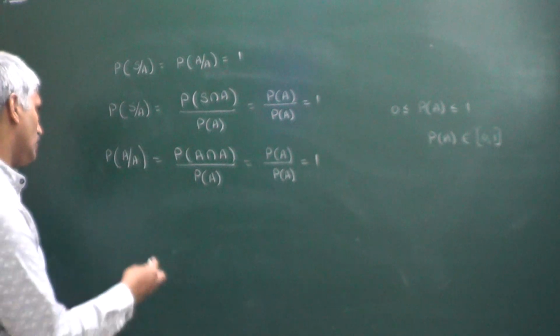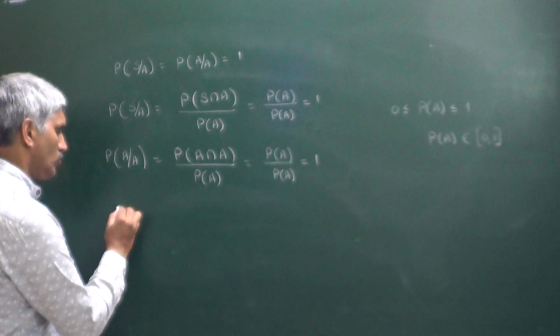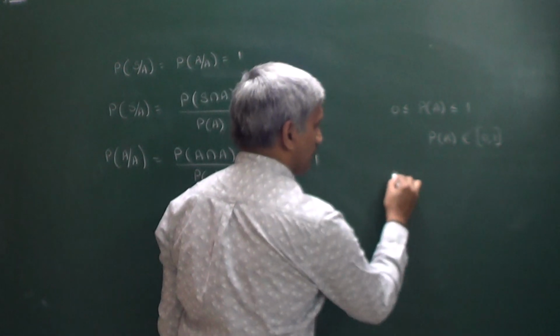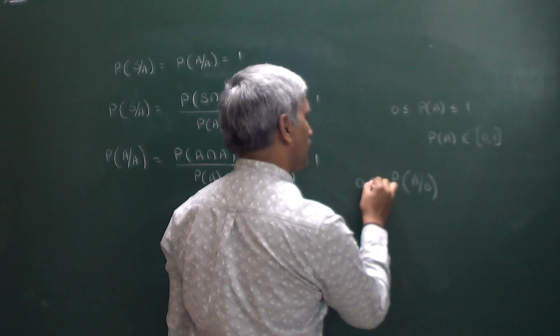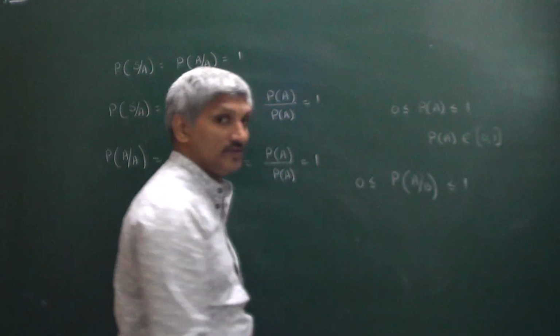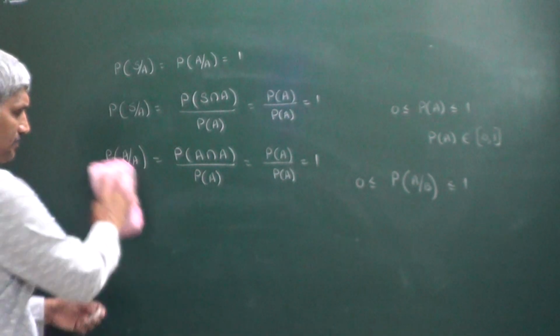Right? So the other one we are discussing, as I told you, probability of A under the condition B also lies between 0 and 1. How? That I want to discuss.